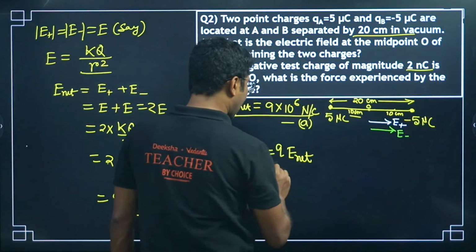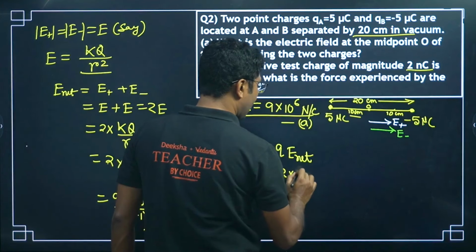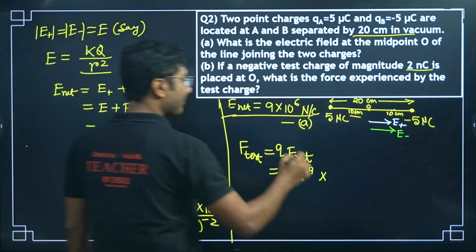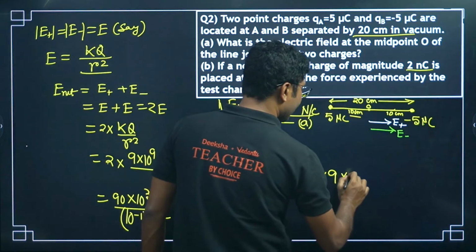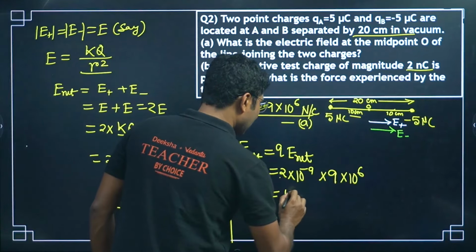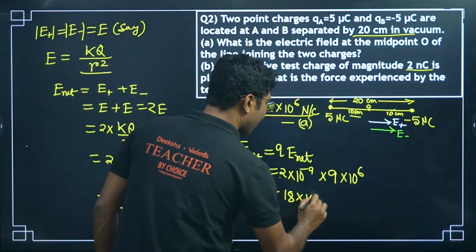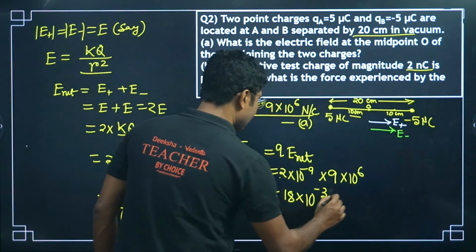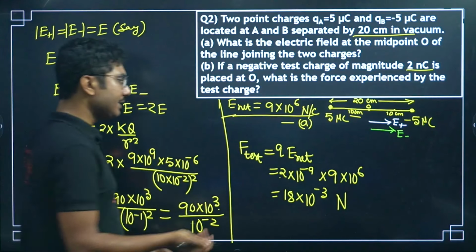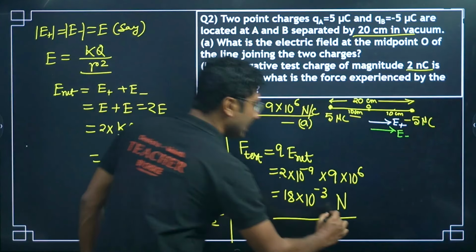Q is 2 nanocoulomb. Nano means 10 to the power of minus 9. And the net electric field we have already calculated, 9 into 10 to the power of 6. So 2 into 9 is 18. So 18 into 10 to the power of minus 3. This is the force and its unit is Newton. This is the part B answer.